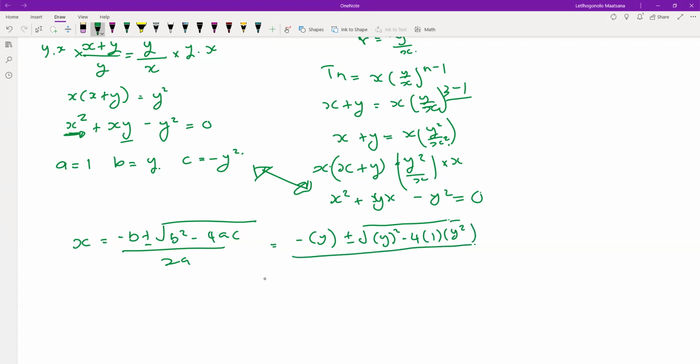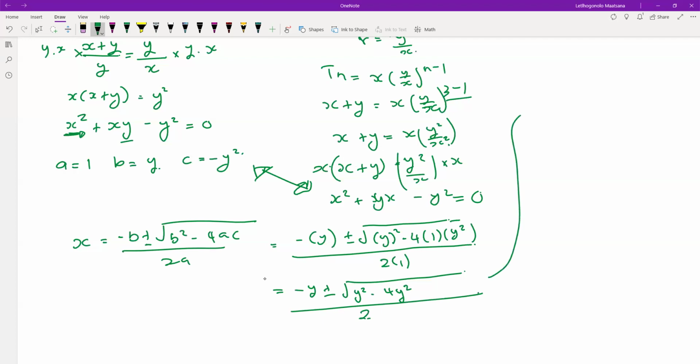So we get minus y plus or minus the square root of y squared minus 4 times negative y squared, over 2. Let's carry on over here. It's a negative y, so let's remember that a negative times a negative makes this positive.